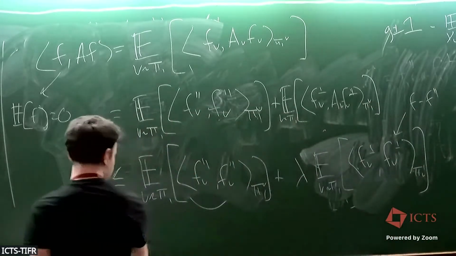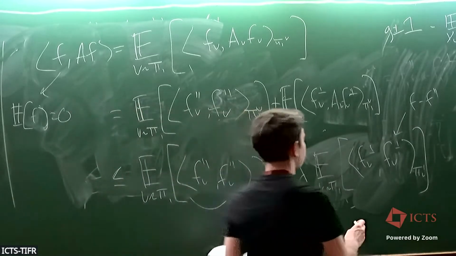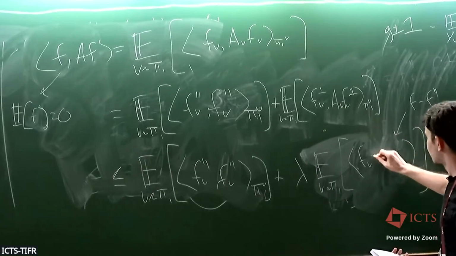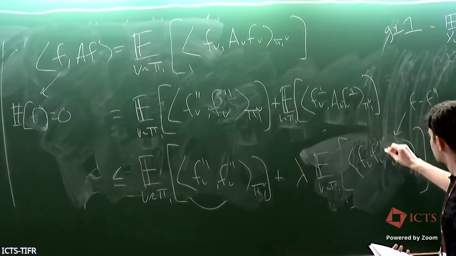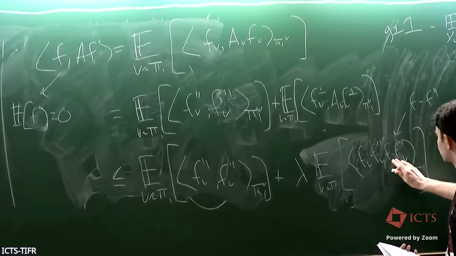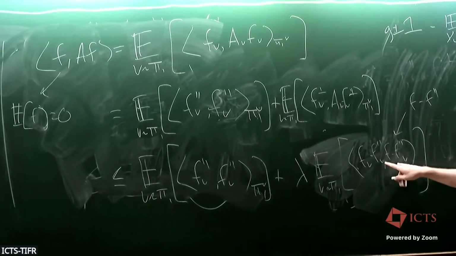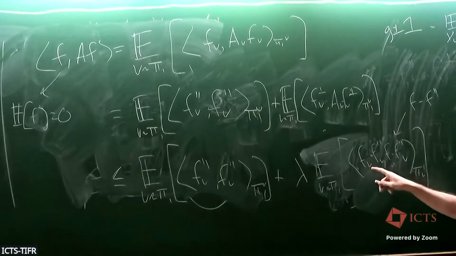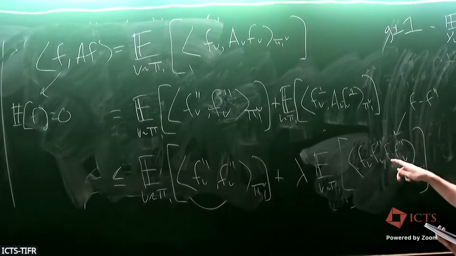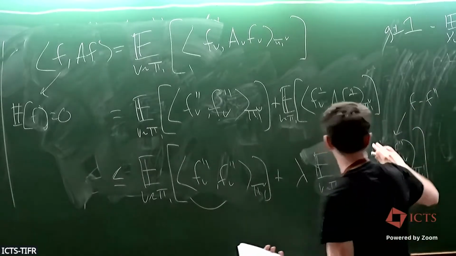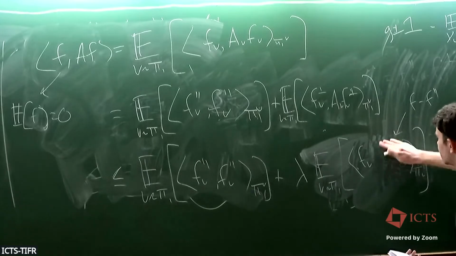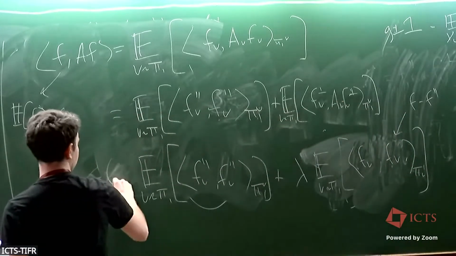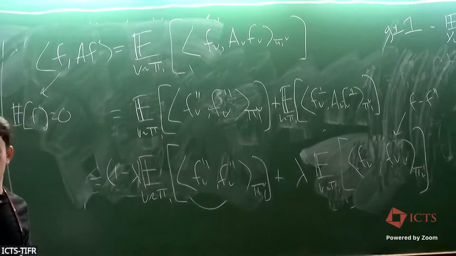So I can rewrite this as F minus F parallel V, F minus F parallel V. But now I have F parallel V's on this side and F parallel V's on this side, so I can move the lambda factor. I'm subtracting a lambda factor of F parallel V, so I can move to FV, and have a 1 minus lambda factor over here.